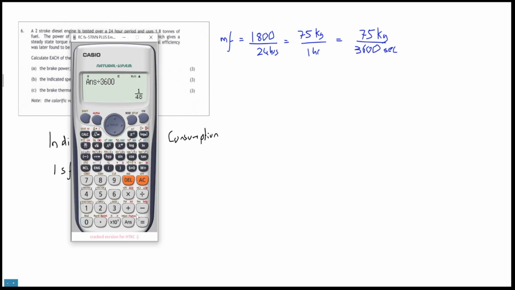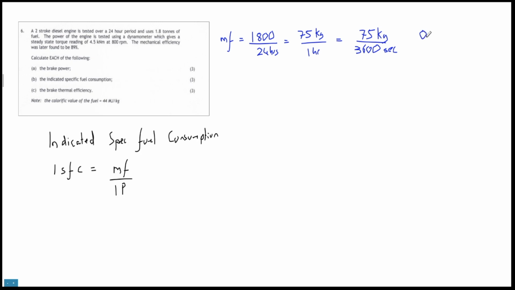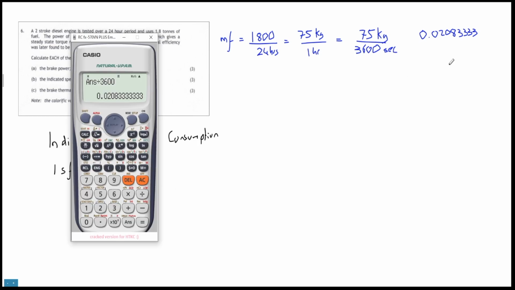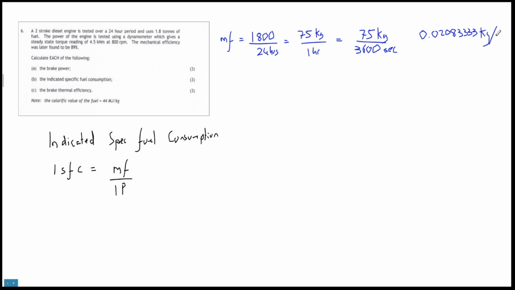So again, we divide by the 3,600 to get this number, 0.0208, and a whole bunch of threes. Yep, that looks good.